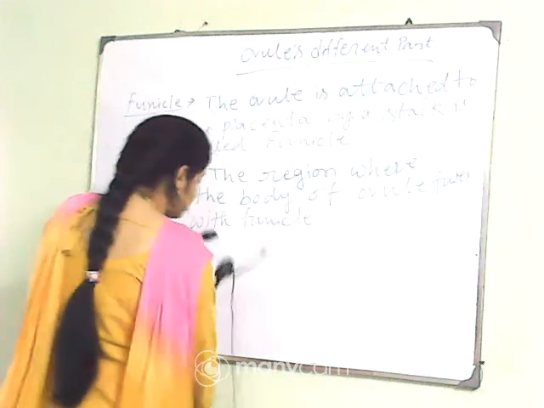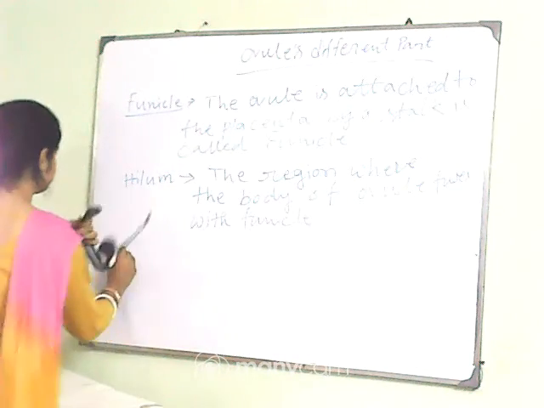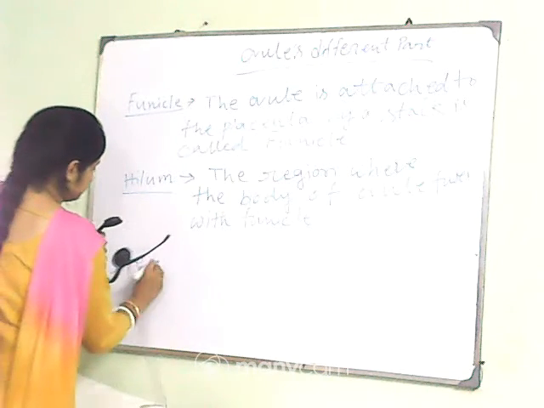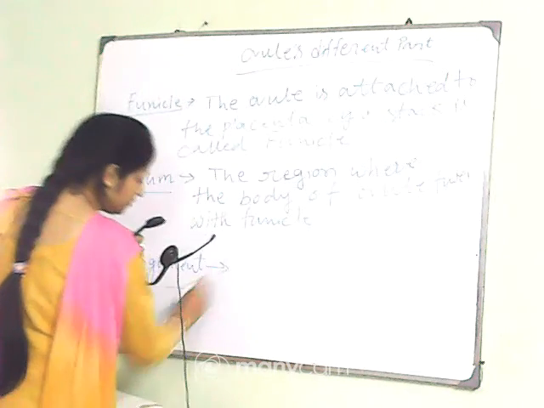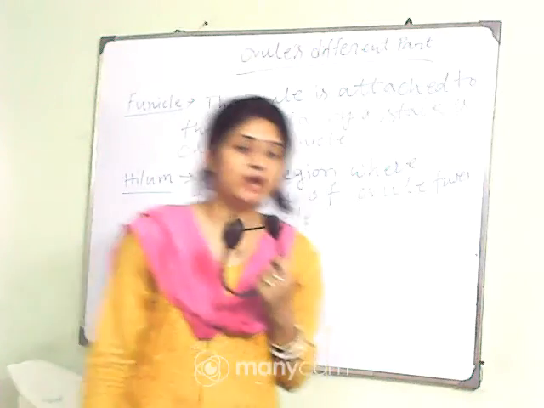Next, the integument. What is the integument? Each ovule has one or two multicellular protective layers.